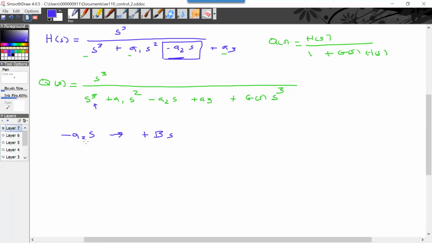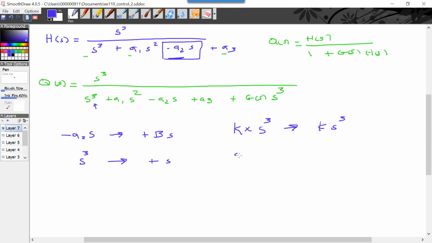We need the negative to become positive. So I have to somehow convert S cubed into some kind of positive S. So K times S cubed is just KS cubed.